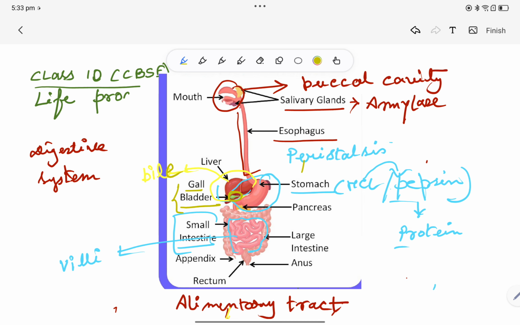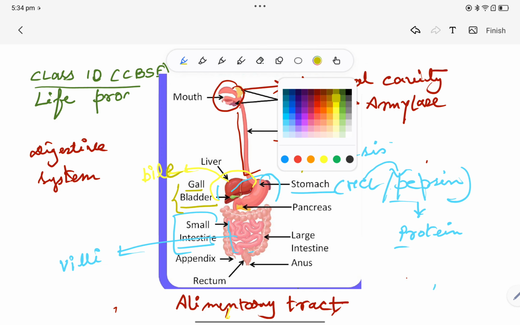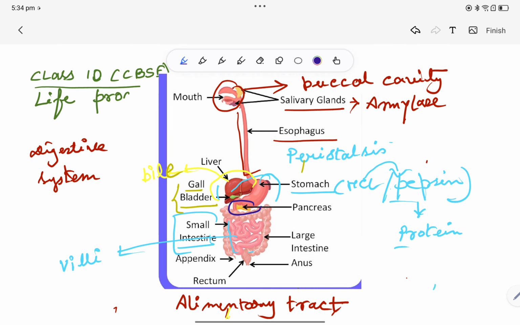Next, what do we have? We have the pancreas. Okay, this yellow part, as you can see, is pancreas, and pancreas produces pancreatic juices.